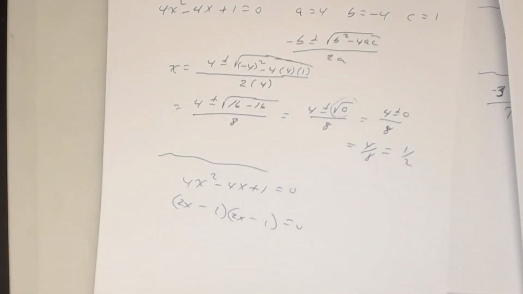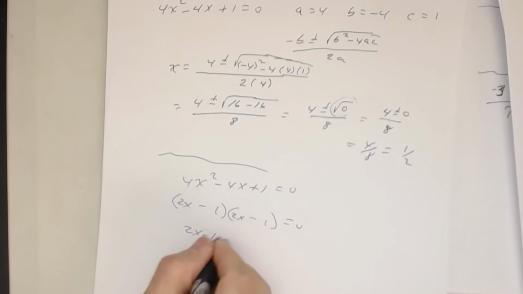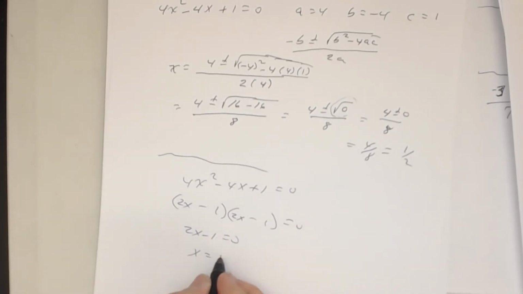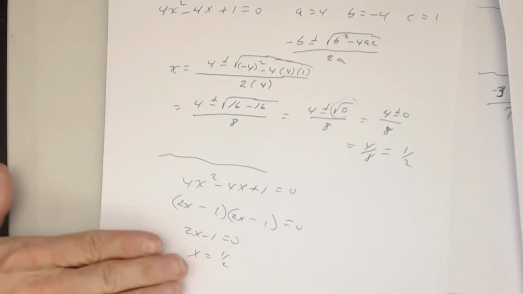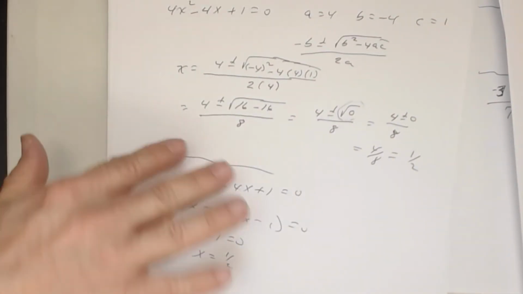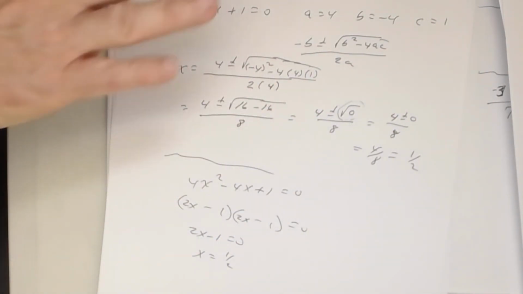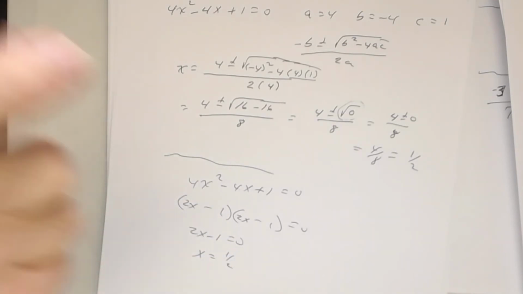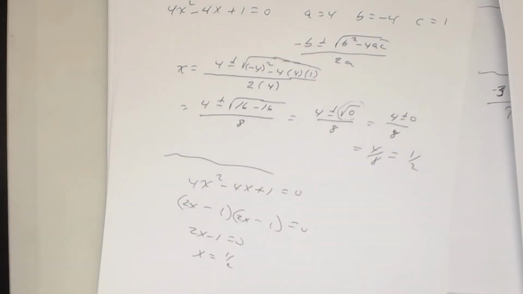They're the same. So we only used one of them. So 2x minus 1 equals 0. So what's x? 1/2. All right, so there's a relationship between the two. You should get one solution because when you factor, you only have one solution. It just turns out that the reason why you had one solution to begin with when using the quadratic formula is because the radicand was 0.